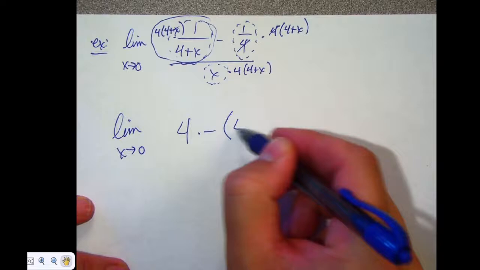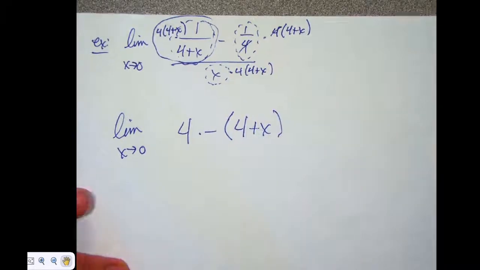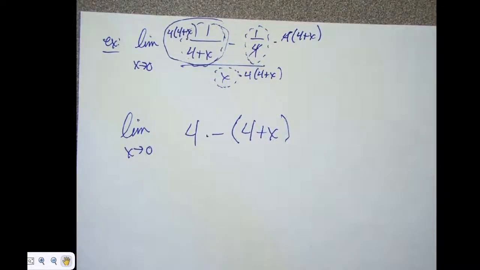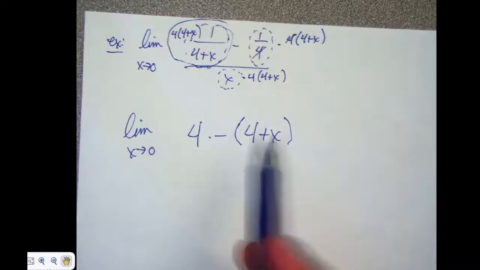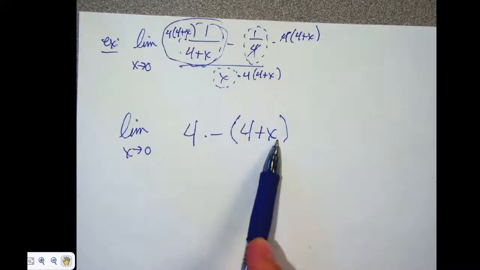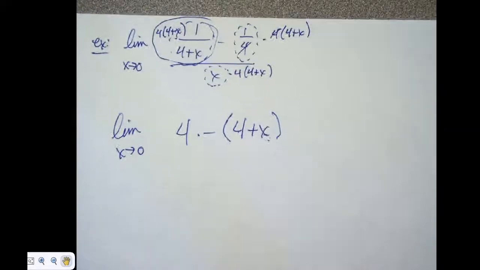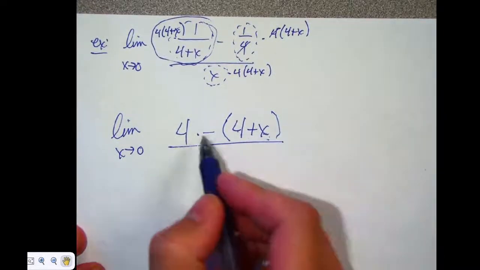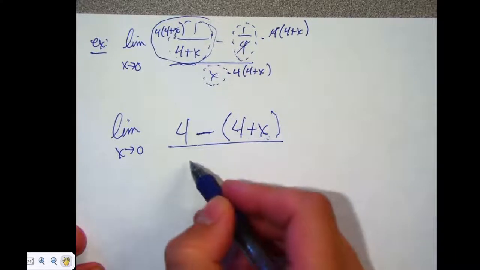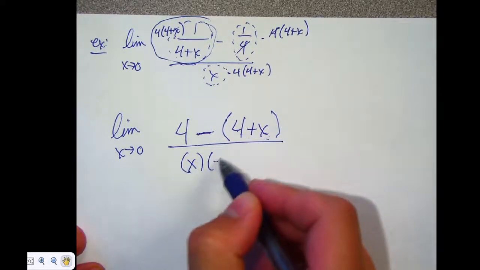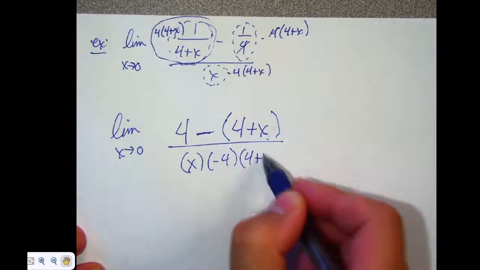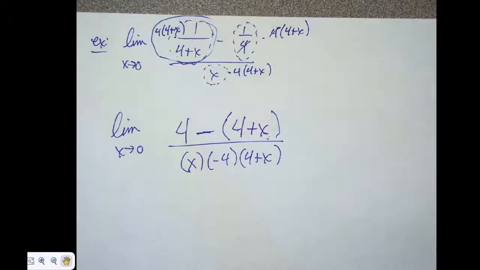Now make sure you're subtracting the entire 4 plus x, not just minus 4 and then a plus x. The entire thing is being subtracted, so it's got to be in parentheses. And then on the bottom, I just have x times negative 4 times 4 plus x. I'm just going to leave that for now.